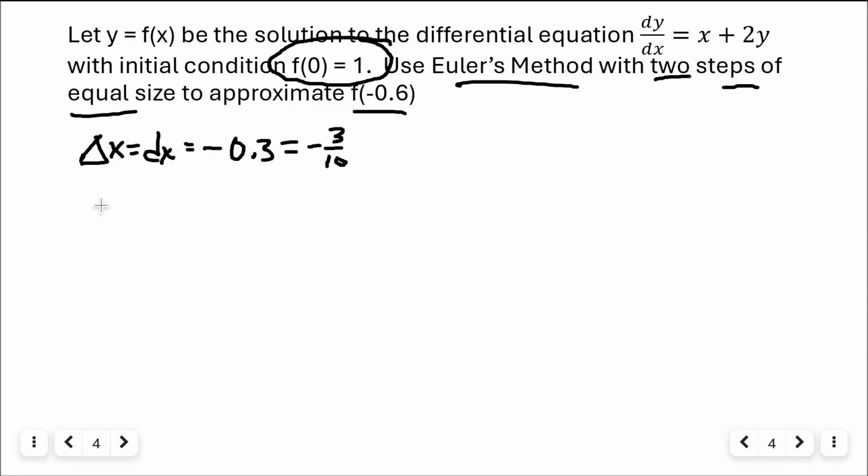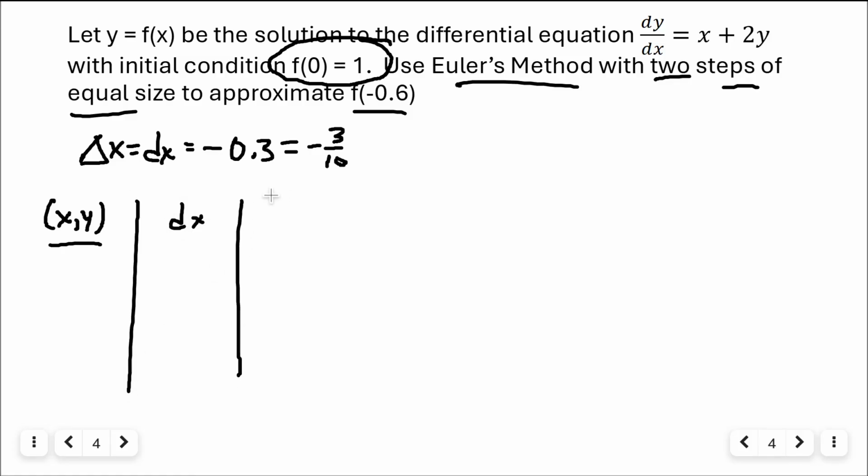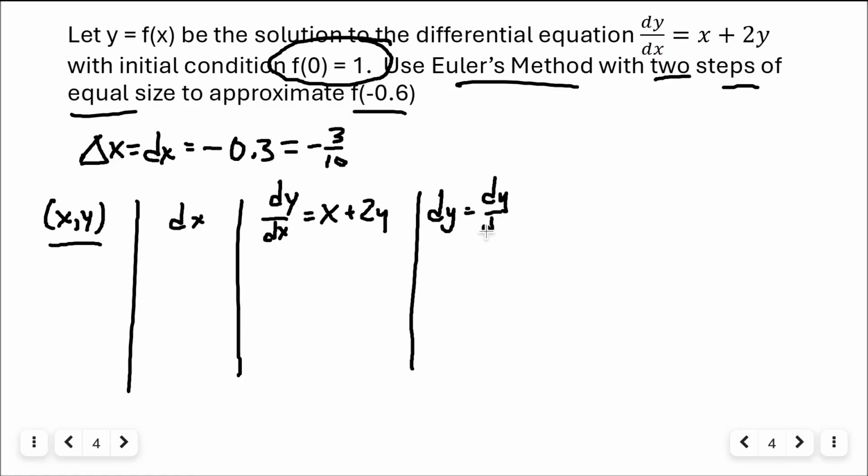You can increase or decrease the step to reach that approximation value that you want to have. All right, so we have x plus y, we have dx, and then we know dy/dx is going to be equal to x plus 2y. dy is equal to dy/dx times dx.